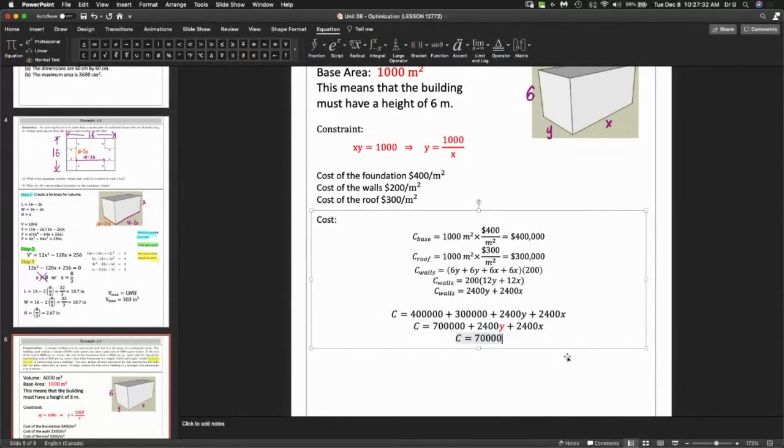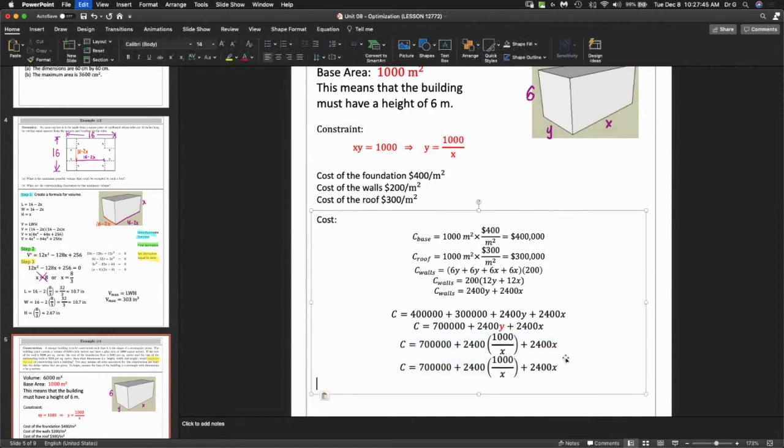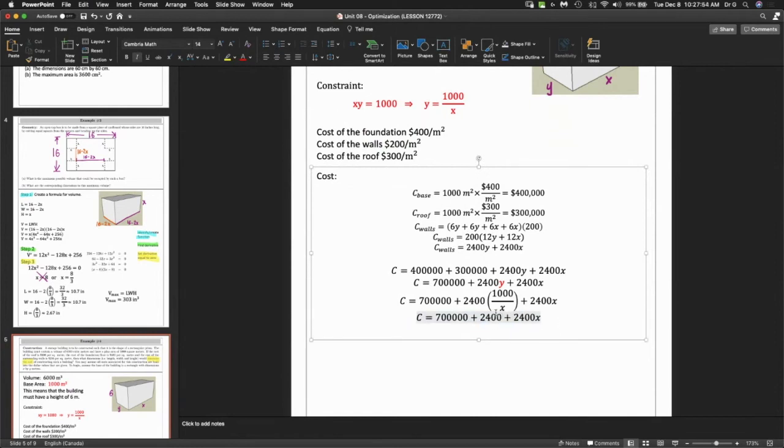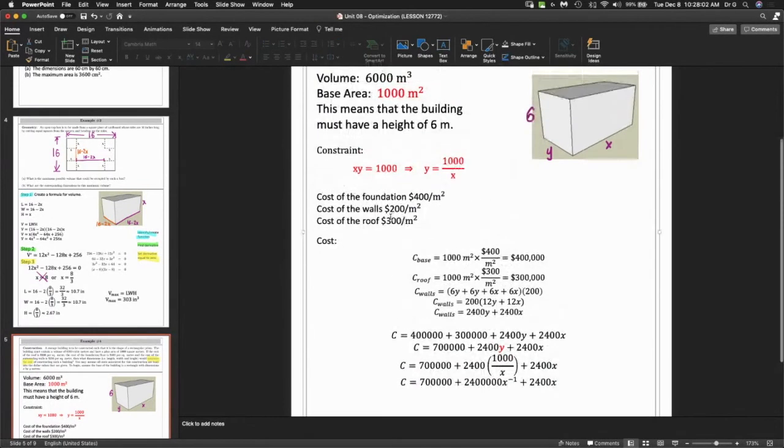So then you'll have here 700,000 plus 2,400 times 1,000 over x plus 2,400x. And now you're cooking. Now you are moving it along. Okay, so this equals 2,400 with 3 more zeros, so that's 2.4 million x to the negative 1.